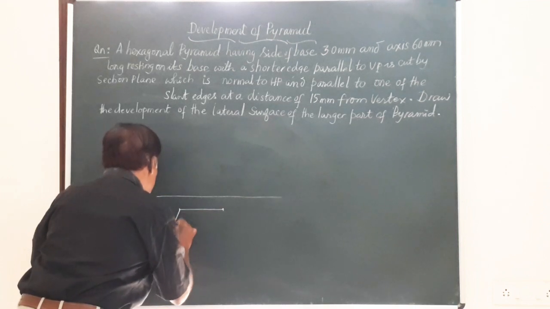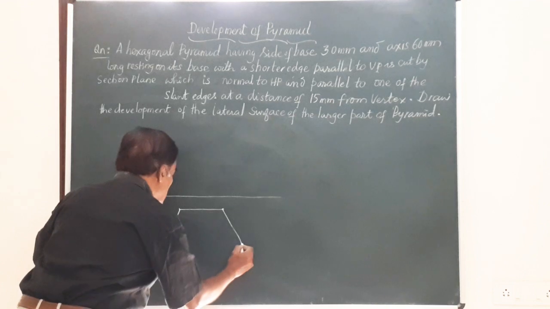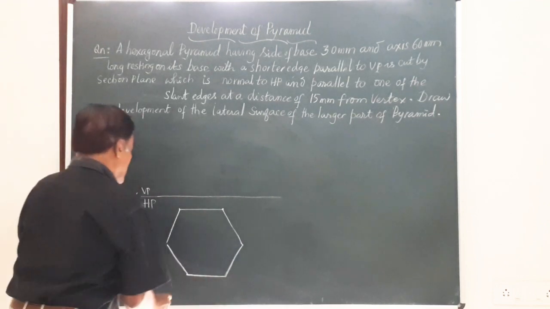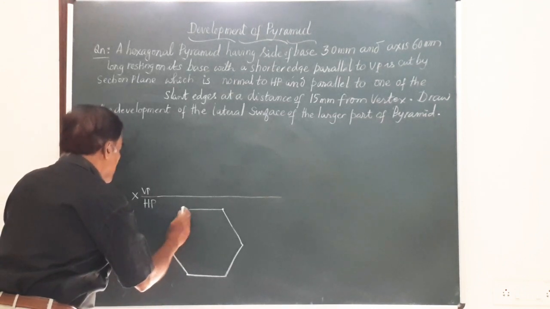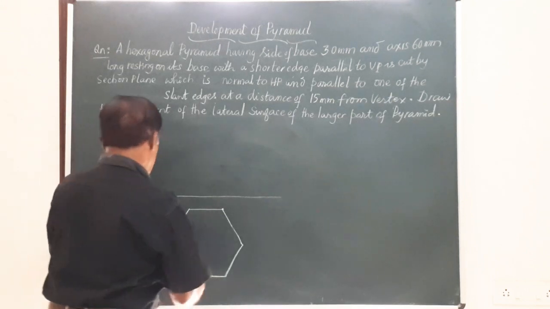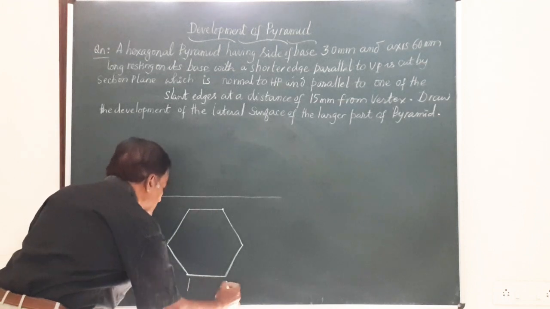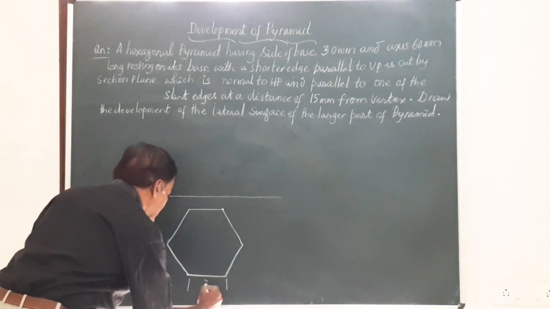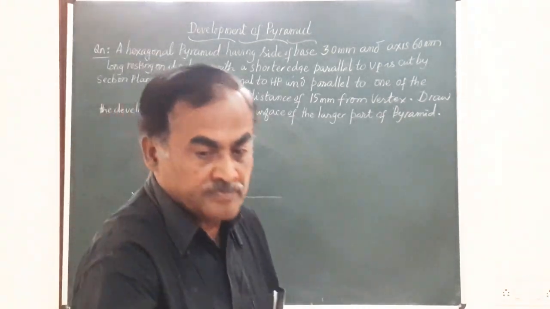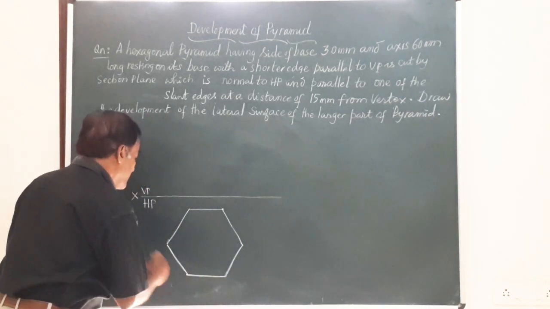Top view is a regular hexagon, and the side of each is equal to 30 mm, that is specified in the question. This dimension is 30 mm.